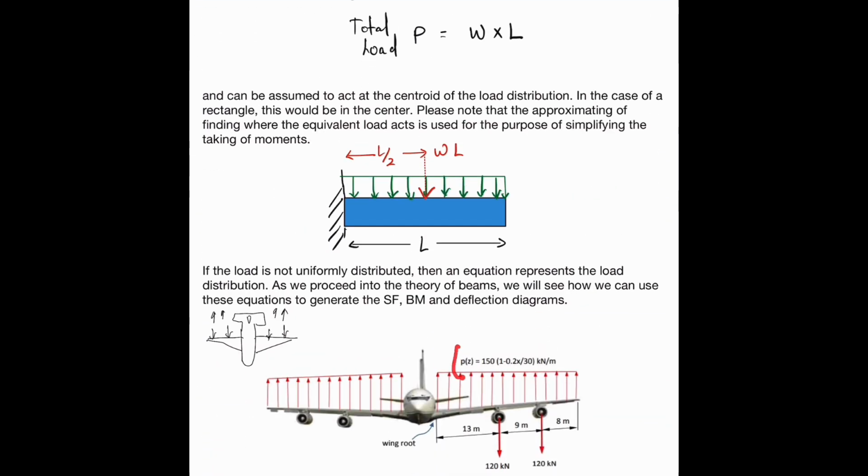You have this big equation here, and with the integration method, we could just integrate or differentiate as the case may be. We will see what we're going to do, and that will give us the shear force equation and bending moment equation. So it's pretty simple. Integrating equations like this is very easy, and that will allow us even to get the deflection of the beam, an equation for that. So we'll touch on that next week.